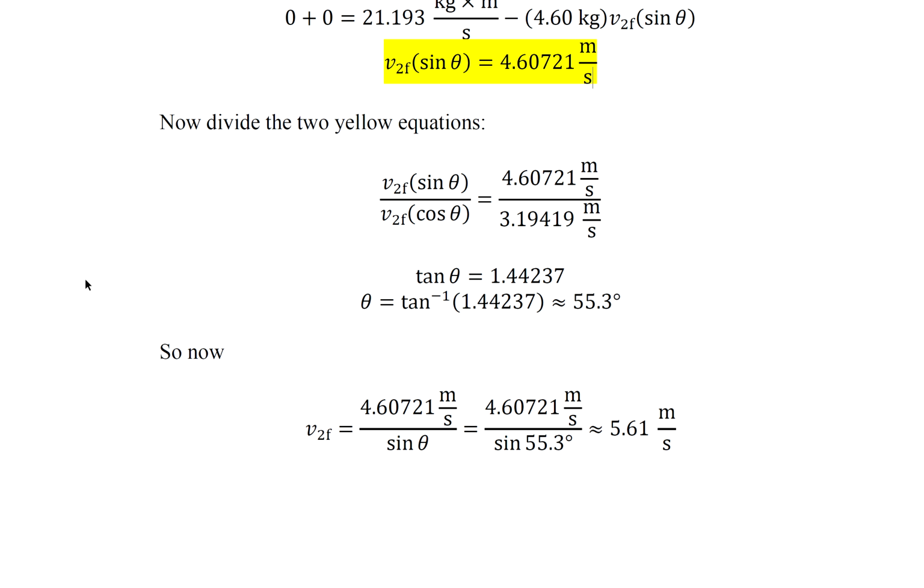And then I end up getting theta equals tangent inverse of 1.44237, which is about 55.3 degrees. And then I could substitute back into one of the original yellow equations to solve for V2 final.